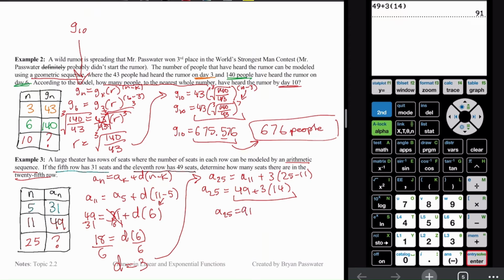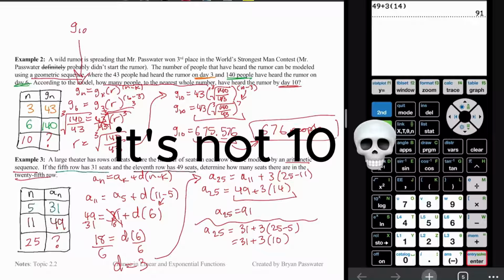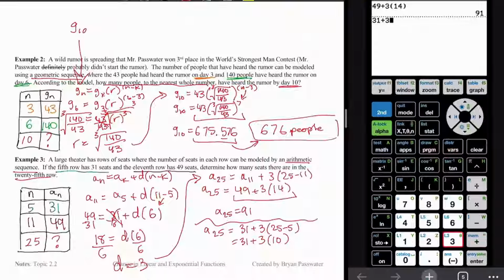But if we did the other way and put 5 in there, let's try that real quick. A25 is equal to A5, then we'll put 31 plus 3 times 25 minus 5, that gives us 10. Bruh.